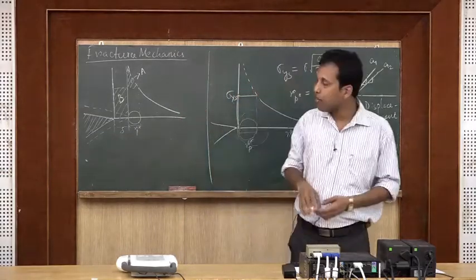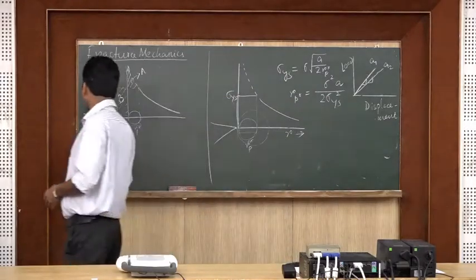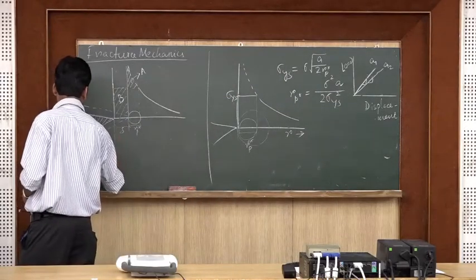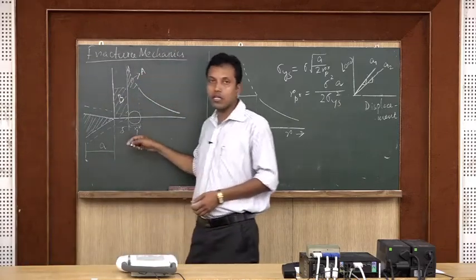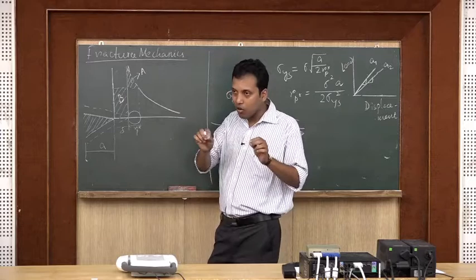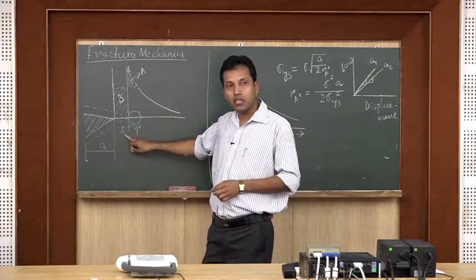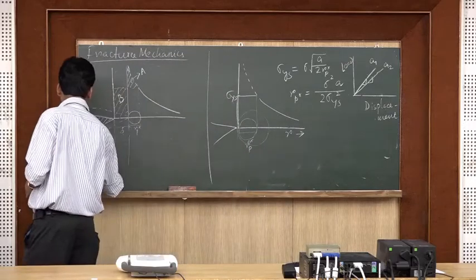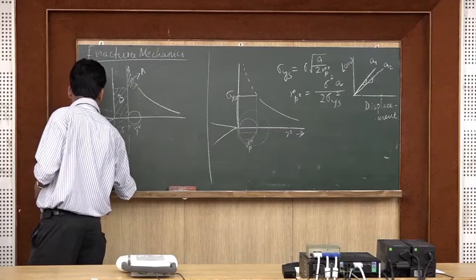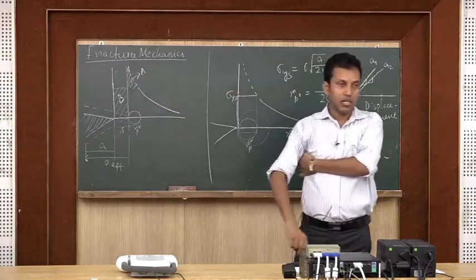I have a crack length, say this is the crack length A, but virtually we are considering that the crack is a little longer, and say that length is delta, and that can be taken as effective crack length, a effective, equal to A plus delta.